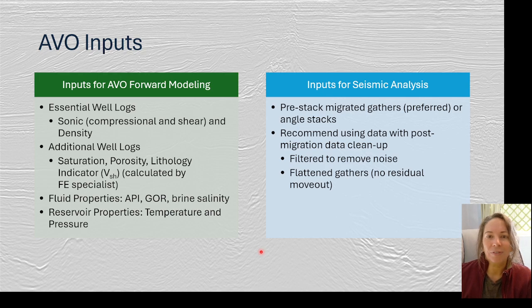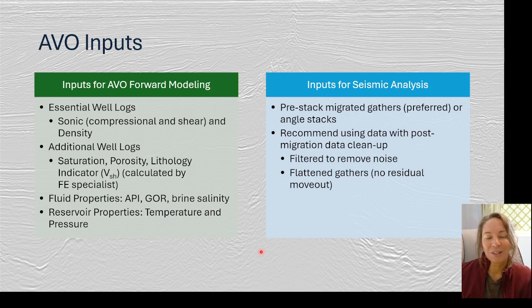There are different inputs that we need to perform an AVO analysis. Some of the really essential ones are the well logs, because we need that truthing of the seismic. The two must-haves are sonic logs and density logs. It's great if you have additional well logs to help further truth the analysis.